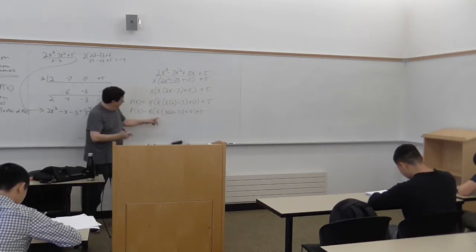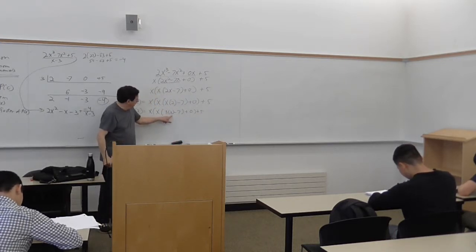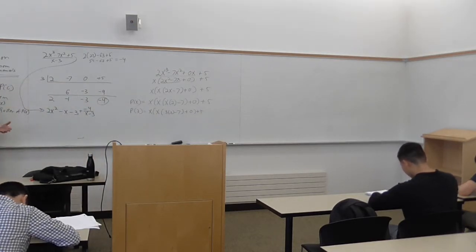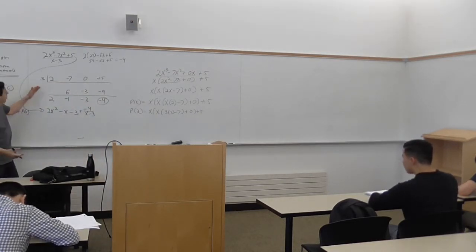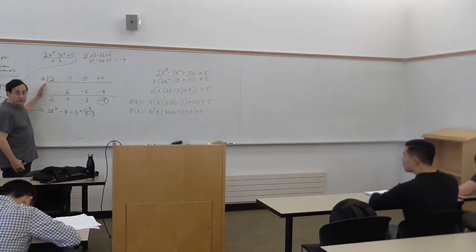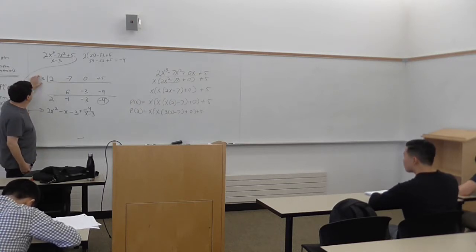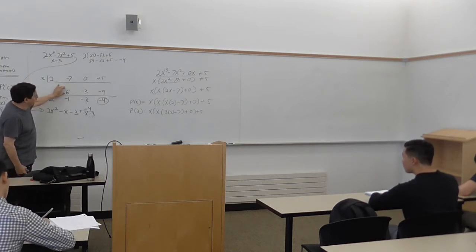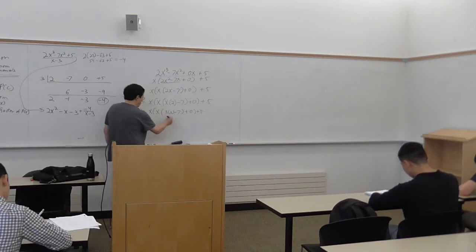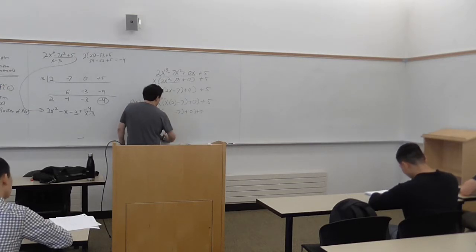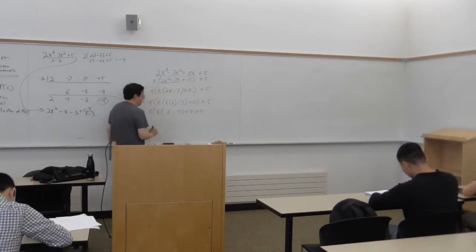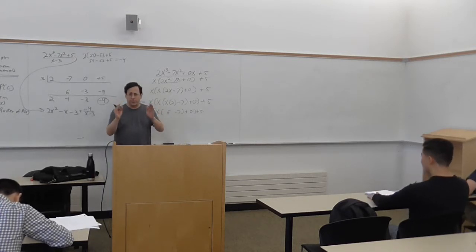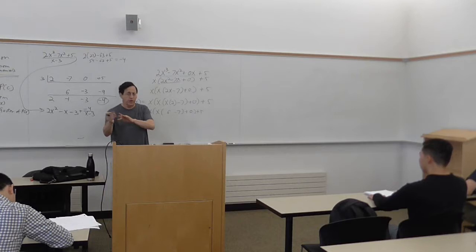Okay, so I'm going to multiply 3 by 2. Now I just want to make a note. When we were doing synthetic division, we multiplied 3 by 2. We got 6. Let me put it here. You notice I just had to do 2 operations, 3 to multiply.